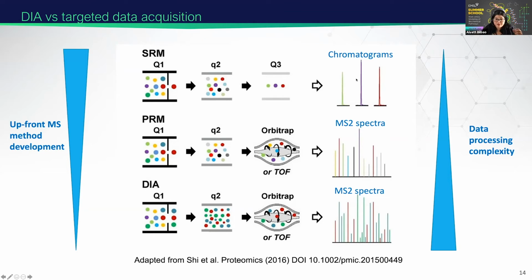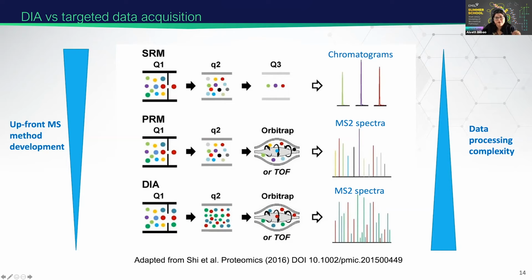In contrast to SRM, where the instrument is just collecting one time point of the intensity of that fragment ion that was selected. So basically with SRM, we have chromatograms that are recorded in the instrument file format, the data. And for PRM, we have full MSMS spectra with all the fragments that are detected.